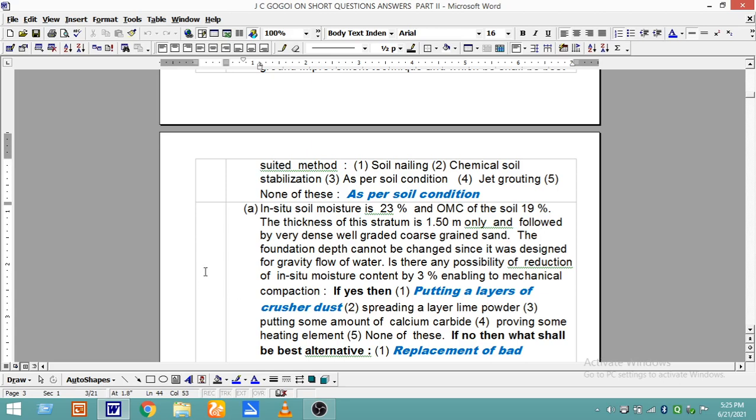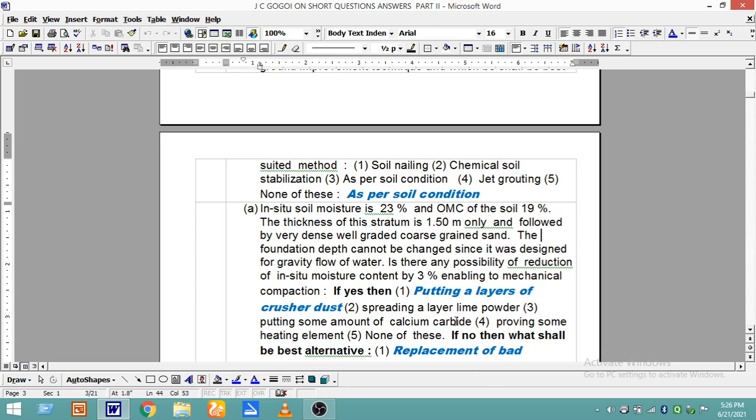So if a layer of crusher dust is sprayed over, this 23% shall decrease to 9 to 11%. So that much water can be absorbed. So this is putting a layer of crusher dust.